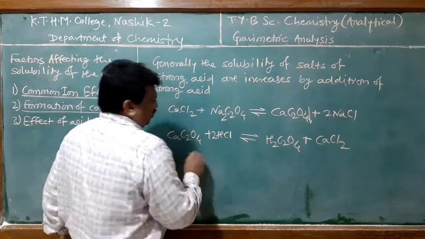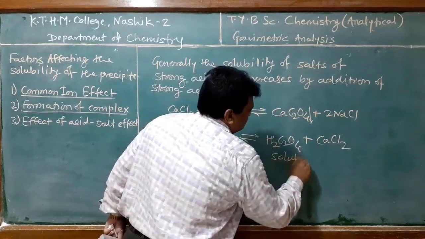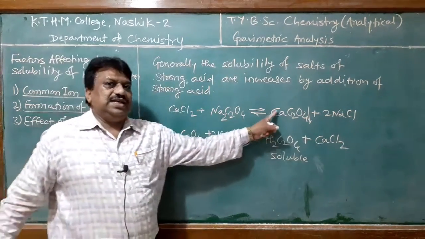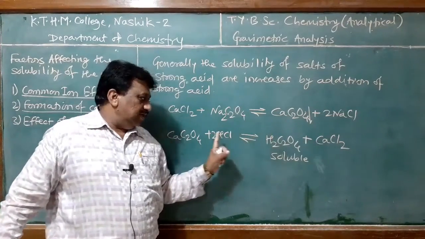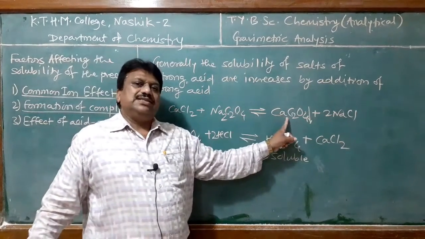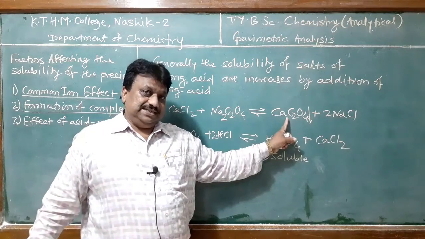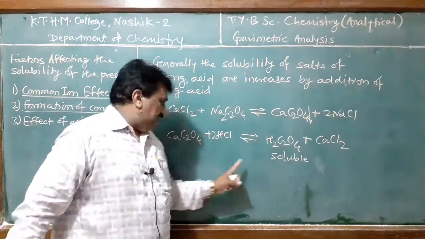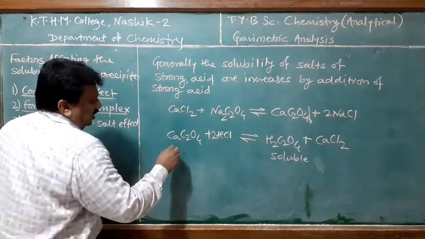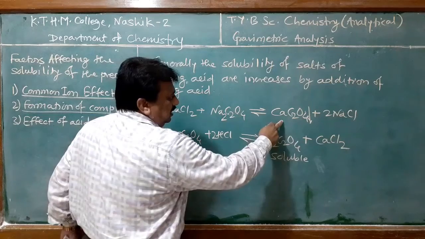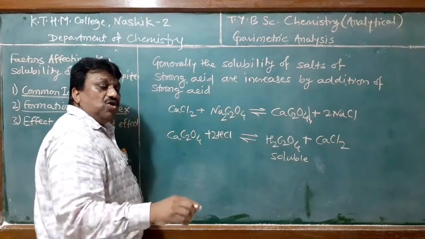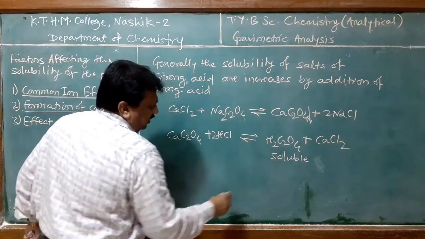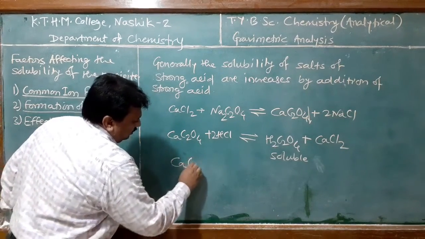Therefore, it becomes soluble when HCl is added. Calcium oxalate gets dissolved into hydrochloric acid because it is a salt of a strong acid. Now, in order to maintain the calcium oxalate as it is, or to decrease its solubility, we can use oxalic acid for washing purpose.